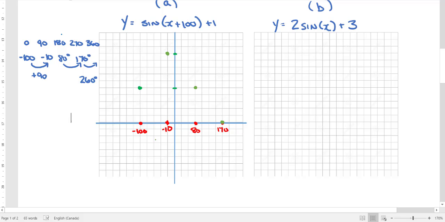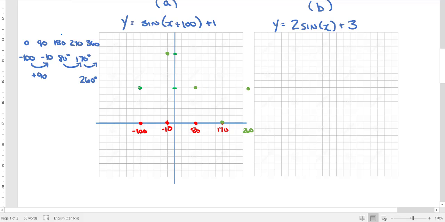Now if I think of my values that I had before, I had 0, 90, 180, 270. I actually need one more, and I might have just run out of space, and that's my fault for not leaving enough parts to this graph. But it's going to go 1, 2, 3, and there should have actually been another one here. Adding more, this would be 260, and my value would have come back up to here.